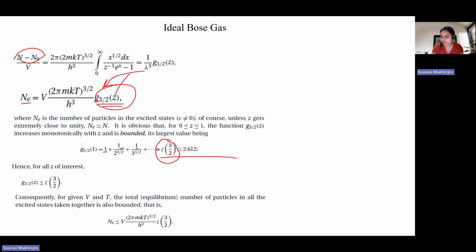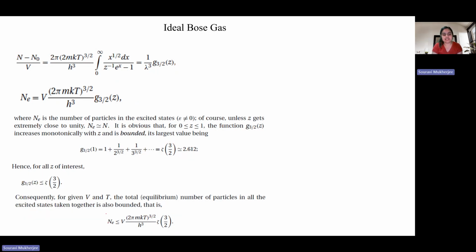What this tells us is that for given V and T, the total number of particles in all the excited states taken together is also bounded, and the maximum value is given as Ne less than or equal to V into (2 pi m kT by h square) whole cube, times zeta 3 by 2. This term comes from the thermal wavelength, you have V here, and zeta 3 by 2 comes from the maximum value of the Bose-Einstein function.